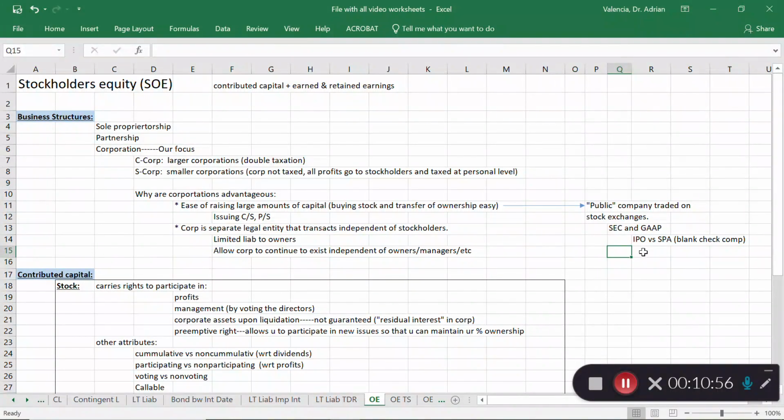Whereas with a special purpose acquisition company, groups of investors create the SPAC, and then they merge with a company that's starting out, and through that merger, that company that's starting out can raise capital.